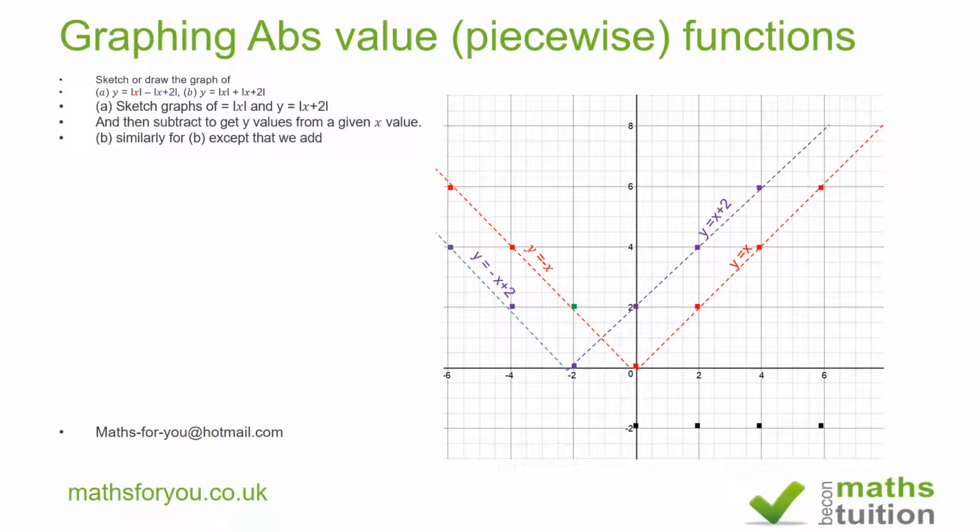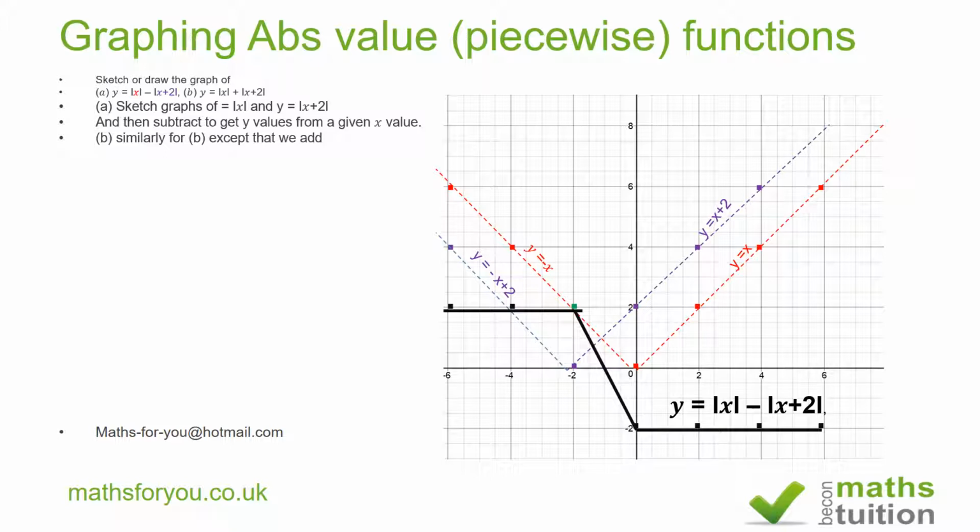So I now finish my graphs, and that will give me the graph of y is equal to absolute value x minus absolute value x plus 2. I hope that makes sense.